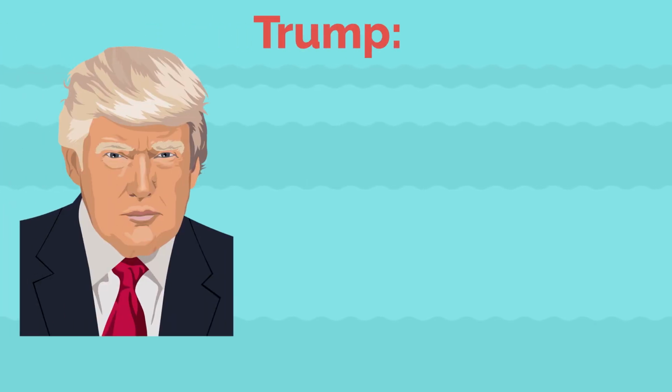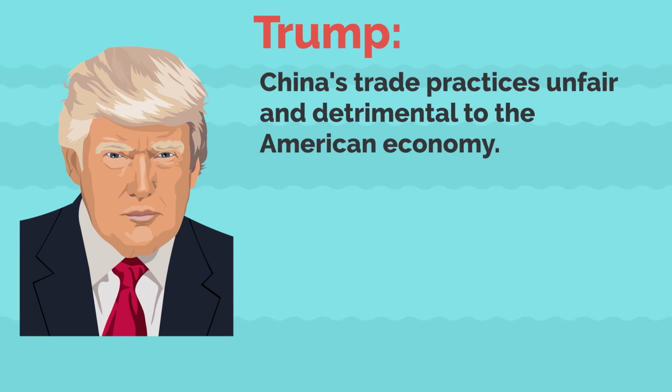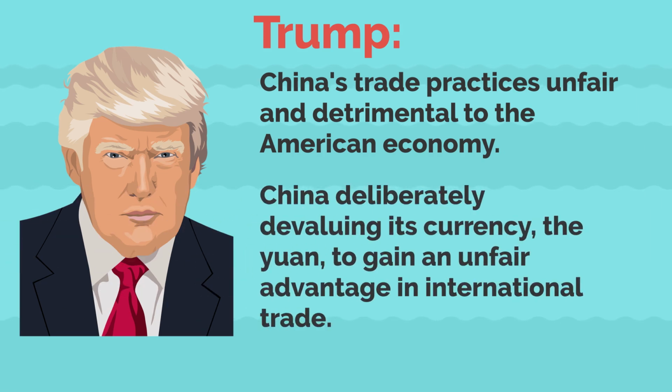During his presidency, former President Donald Trump frequently expressed concern about the trade deficit between the United States and China. He believed that China's trade practices were unfair and detrimental to the American economy. He claimed that China was deliberately devaluing its currency, the yuan, to gain an unfair advantage in international trade.